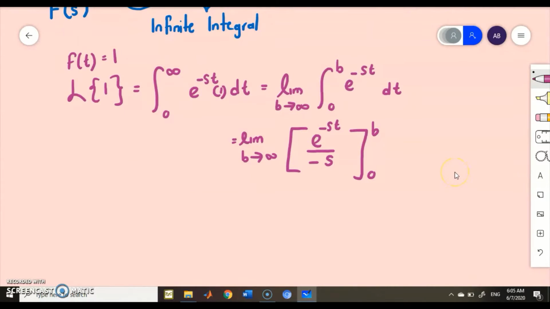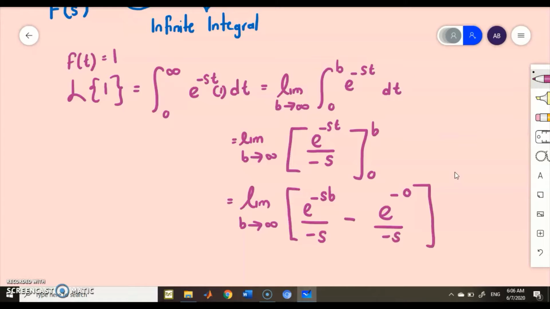Before we apply the limit as b approaches infinity, we solve this definite integral by putting b in for t. We have e to the negative sb over negative s minus e to the negative 0 over negative s, when t is b and t is 0. We are substituting the value into t, not s, because we are integrating with respect to dt.